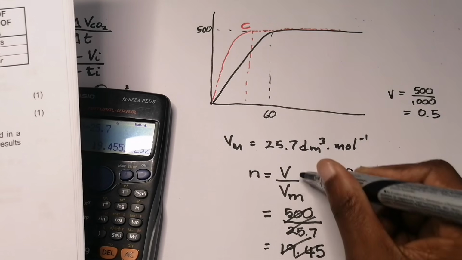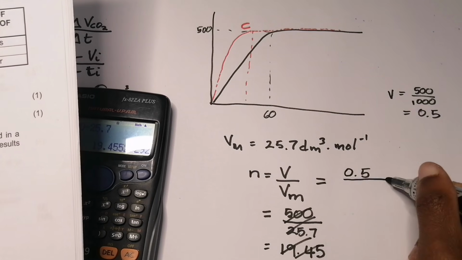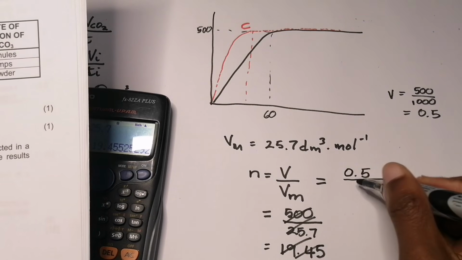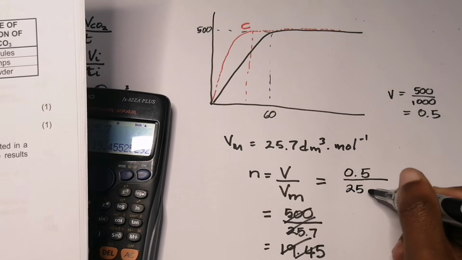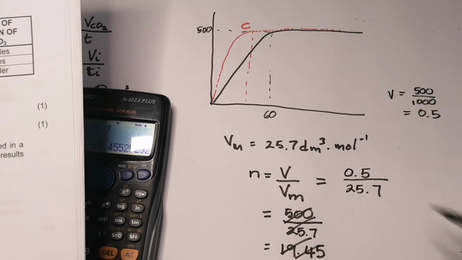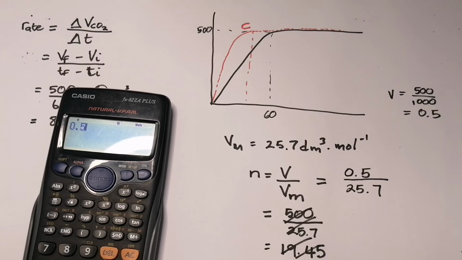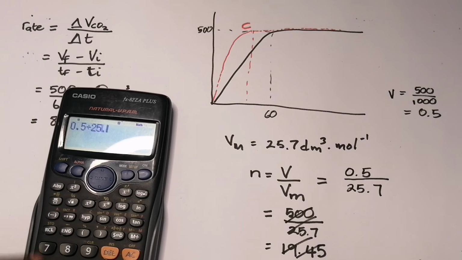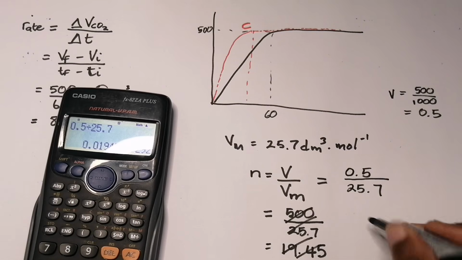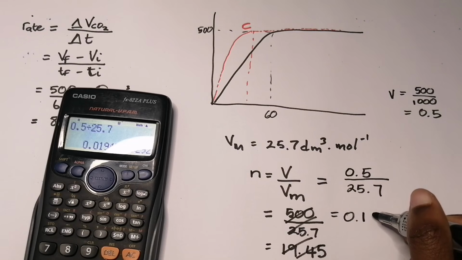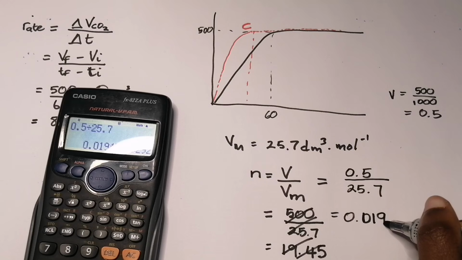So it's going to be 0.5 divided by my molar volume, 25.7. So that's 0.5 divided by 25.7, and we get 0.019.